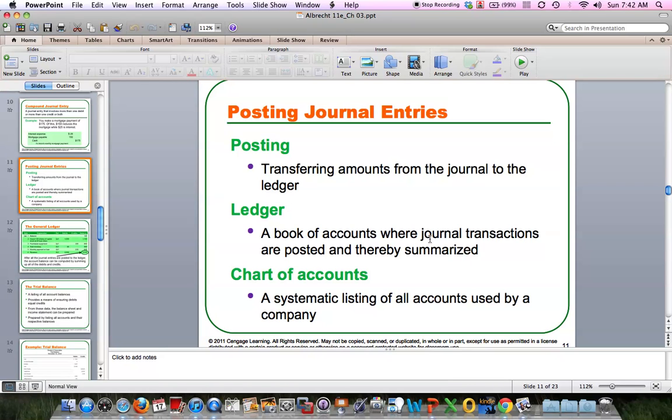Well, just think of a 3-ring binder. Just think of a small 3-ring binder, inside of it multiple pages of paper, and each page of paper represents an account. So we'd have several asset accounts first. You'd have cash, accounts receivable, inventory, building, land, equipment, organized by current assets versus long-term assets.